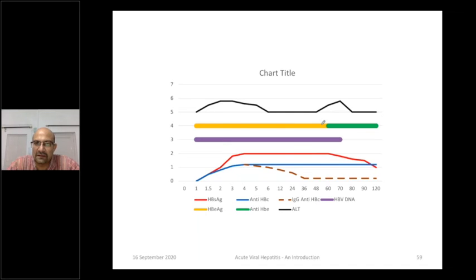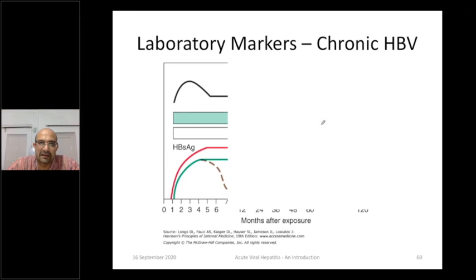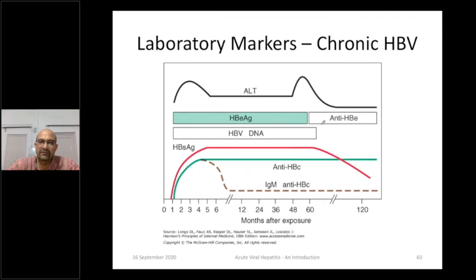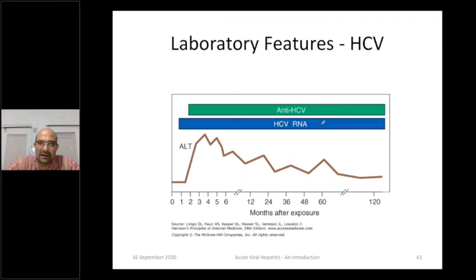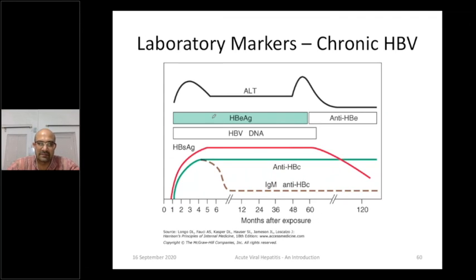If you remember these graphs of hepatitis B in acute viral hepatitis and in chronic viral hepatitis, then understanding the positive and negative combinations becomes much easier. Again, if you look at the viral markers, this is how it behaves in case of hepatitis B, what we saw in the previous graph.